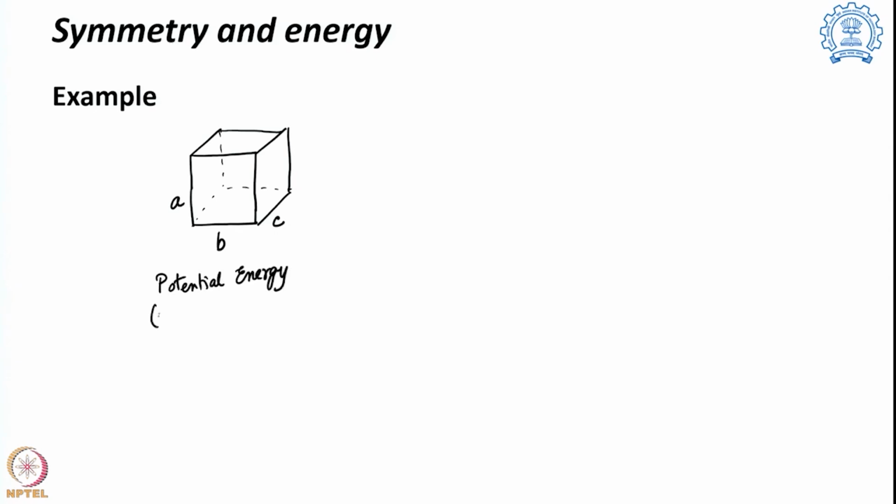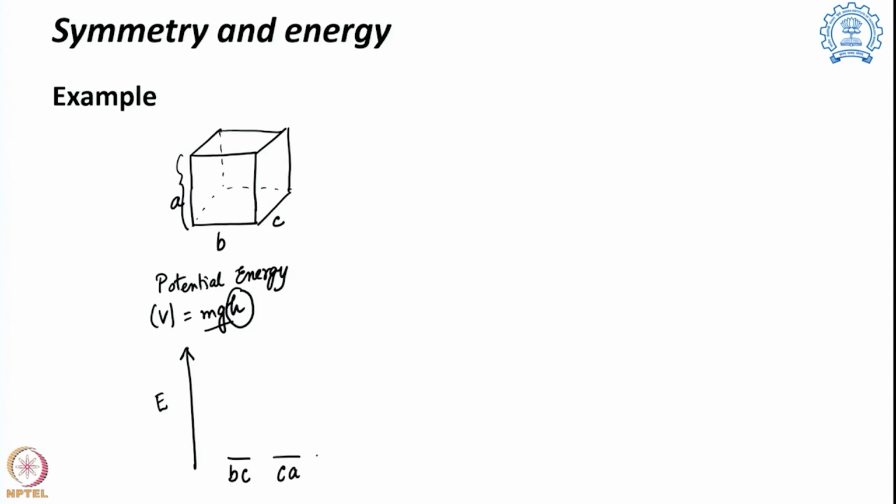As we know, potential energy V is equal to mgh. The mass and g remain the same, so the factor will be h. If I put this system on the face of BC, the energy will depend only on A. So the energy of BC will be somewhere around here. Now if I change the face sitting on the base to the AB face, the height will be C, but because C and A are the same, the CA will also have the same energy.